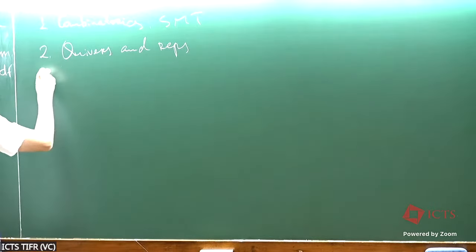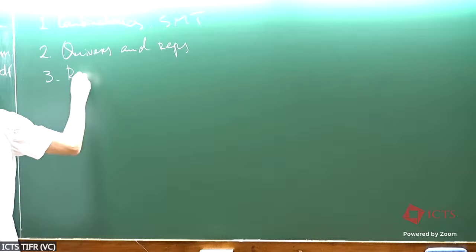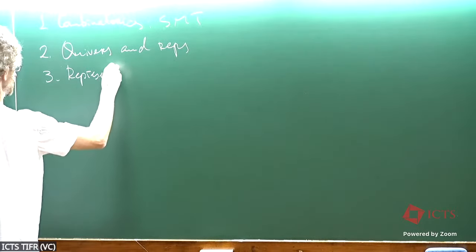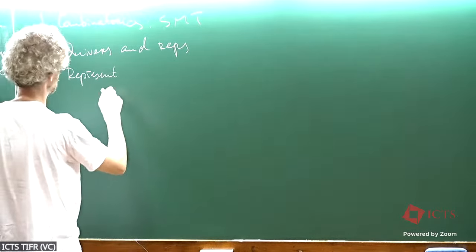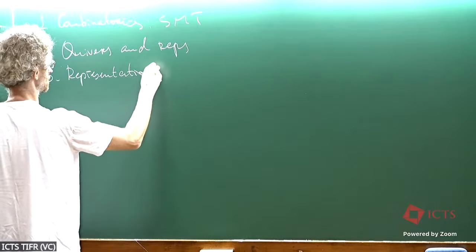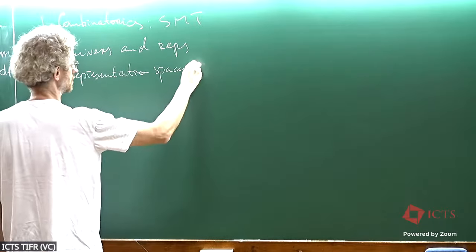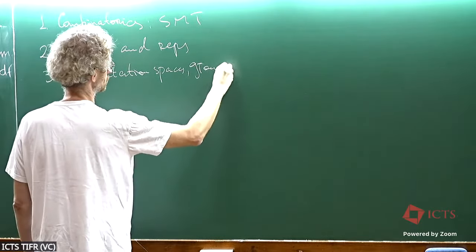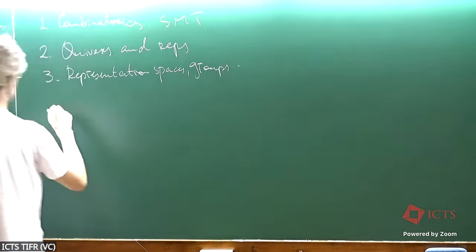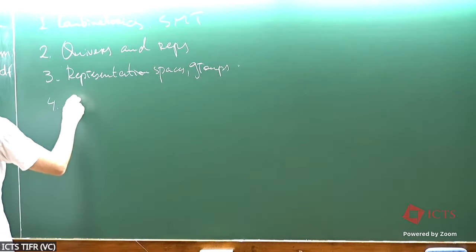Then I'll describe the representation spaces or representation varieties. Here they're very simple, but still representation spaces and group actions. And then I'll define the Quiver Grassmannians.